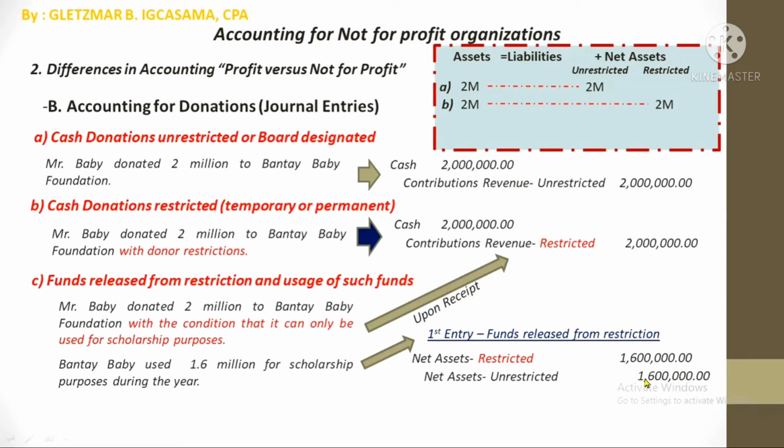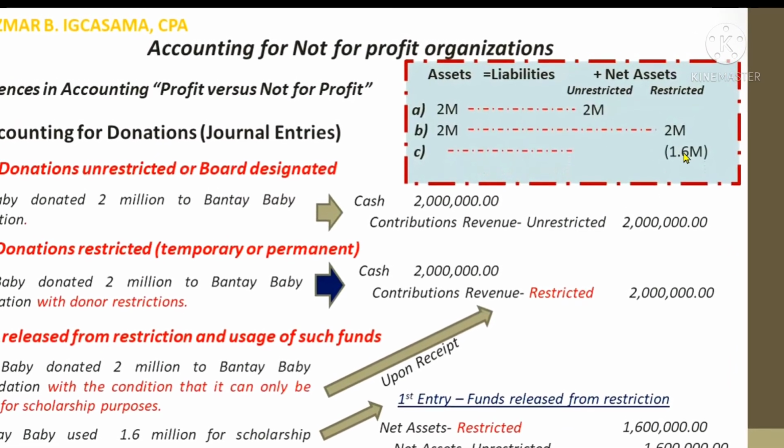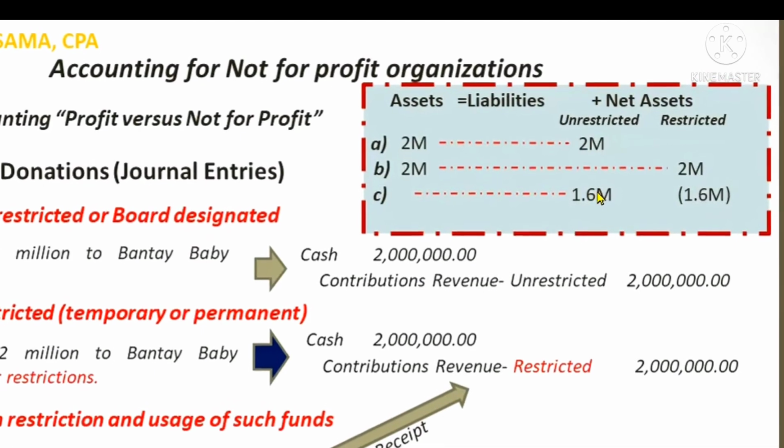This is always the first entry if temporary restrictions have expired or if there is an expenditure, but such expenditure is within the restriction given, like in this example. The restriction is for scholarship purposes only, and the NPO followed such restriction when they spent the 1.6 million. So, the effect of this in the equation is a decrease here, but there will be an increase in the unrestricted net assets.